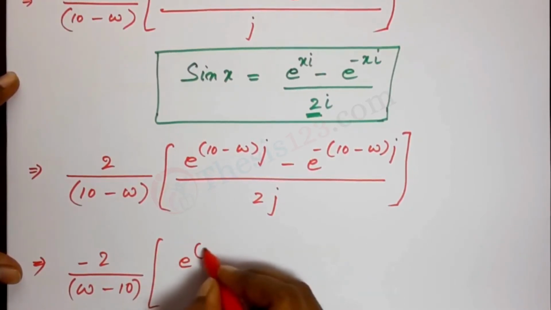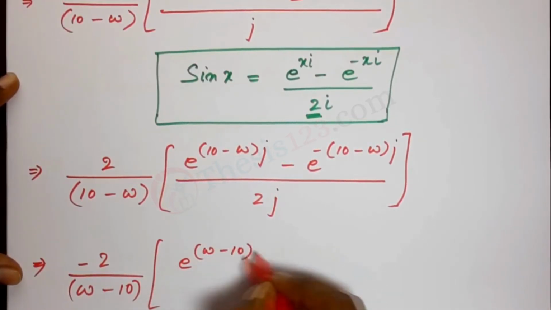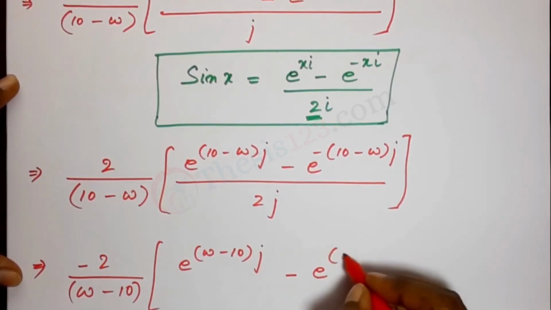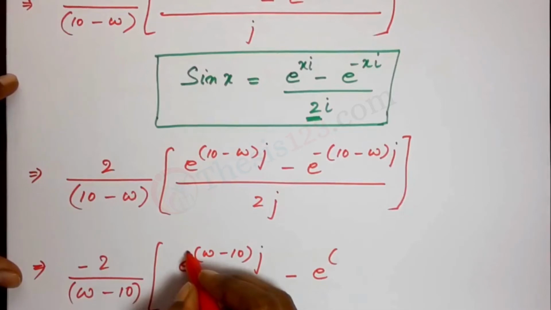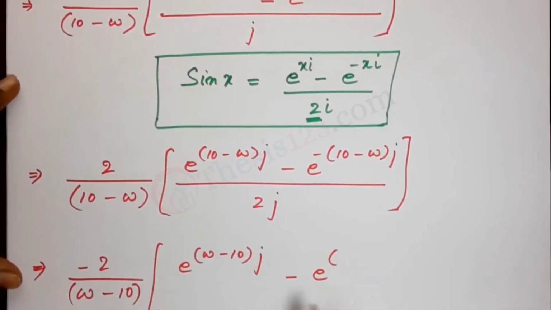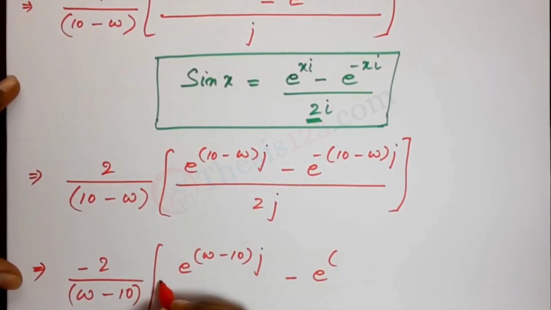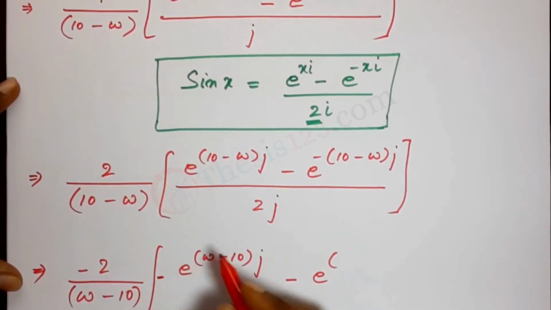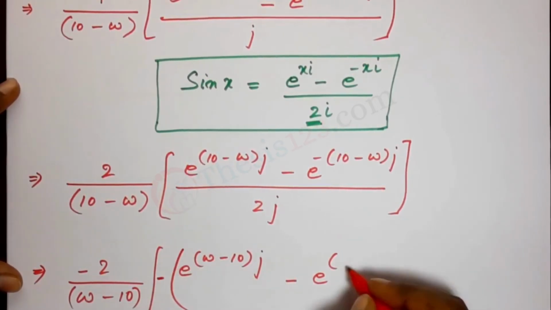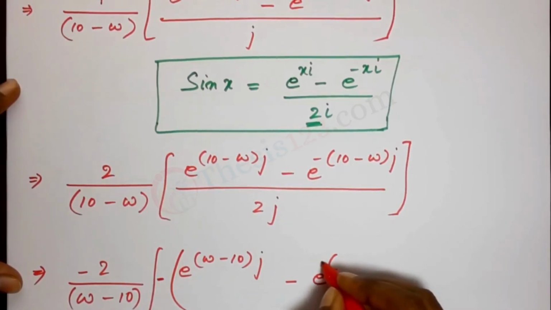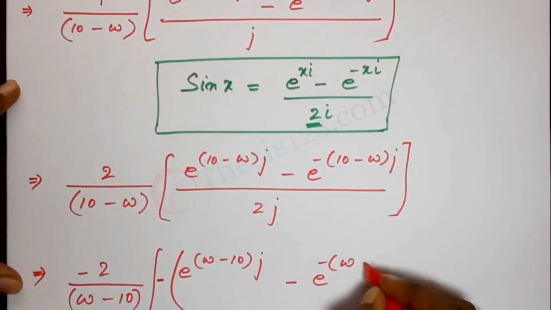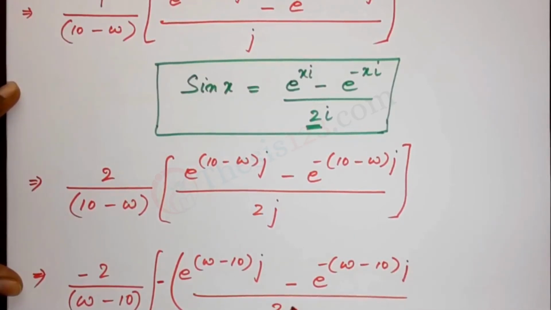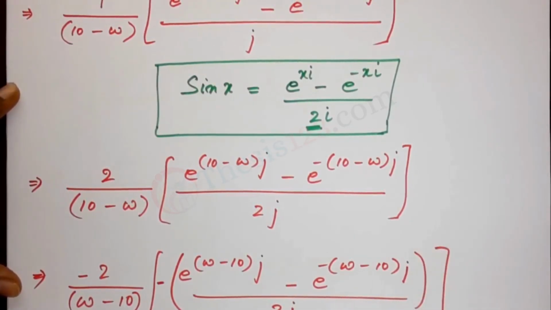So, e power omega minus 10j minus of e power, this would be, we're taking the negative out, alright, so here we would have another negative. e power minus omega minus 10j divided by 2j.